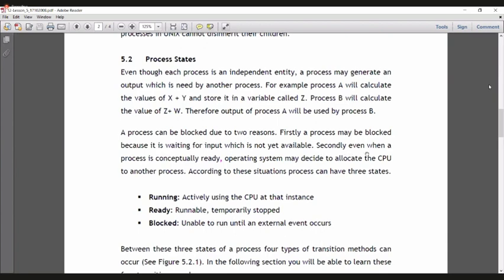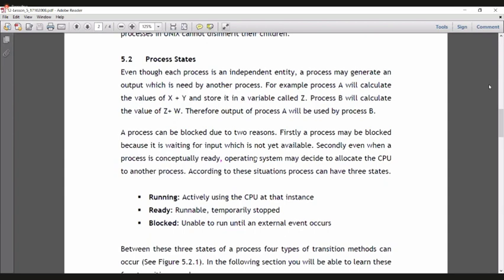Secondly, even when a process is conceptually ready, let's say now we got the value of z, so conceptually it is ready to execute. But how about if the CPU is not available, used by another process? The operating system may decide to allocate the CPU to another process. Again, until it gets the time, it is being blocked.